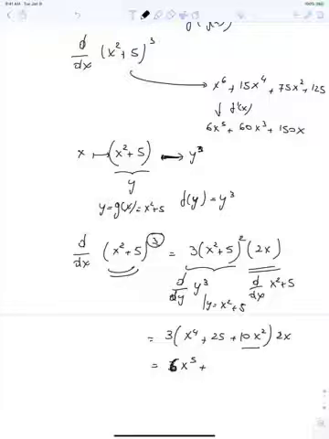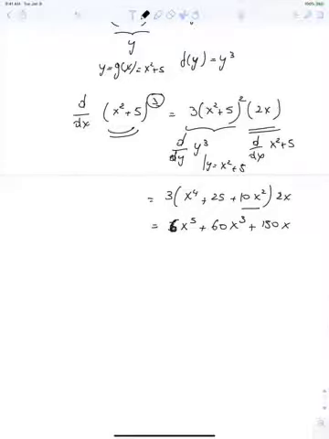It's going to be plus 30 times 2 is 60 x power 3 plus 25 times 2 is 50 times 3 is 150x. So we got exactly the same result, but now we use the chain rule. Now in this case, it was probably simpler to do it the other way, if you remember how to do the cube of a polynomial. If you didn't remember though, you could use the chain rule as well.